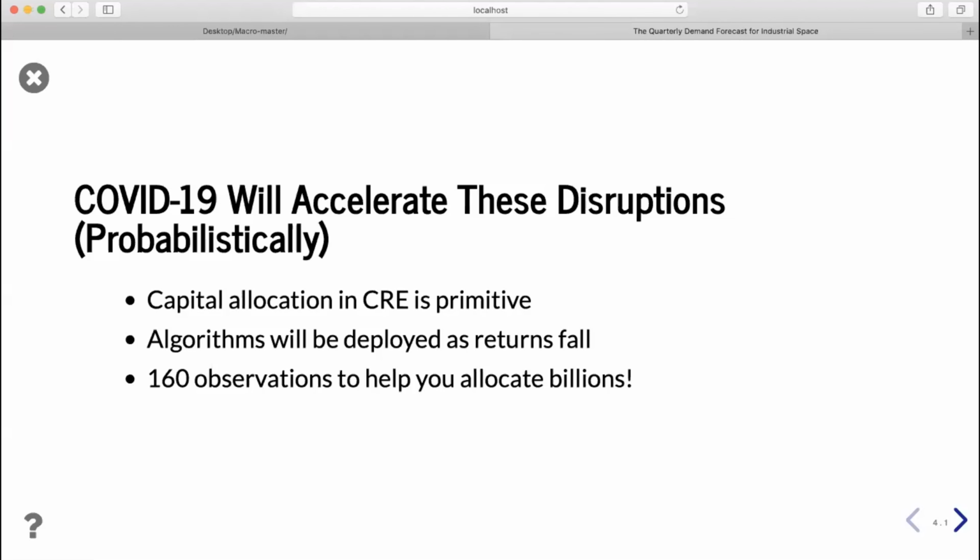The supply of commercial real estate is largely fixed. The demand for it is increasing. That should drive up its price and drive down its returns. And therefore, we will deploy algorithms to help us deploy the capital in this industry. Again, tech will continue to disrupt commercial real estate, and I would argue that COVID-19 will accelerate these disruptions.